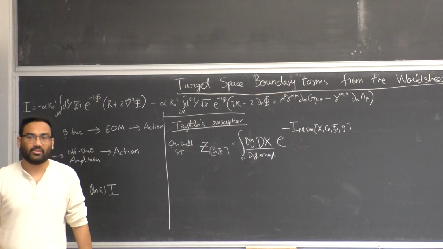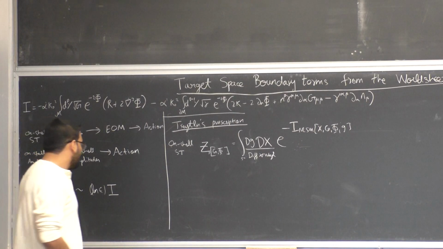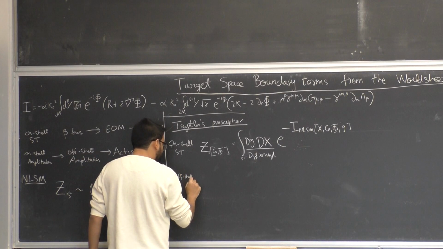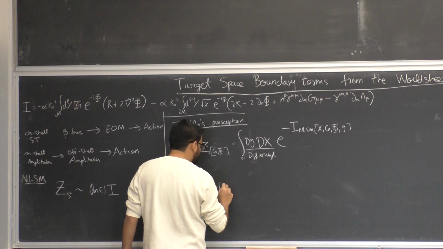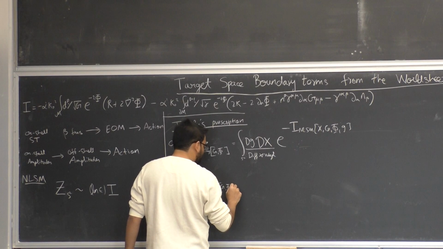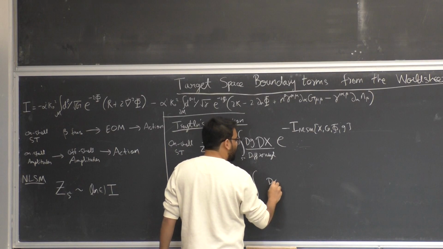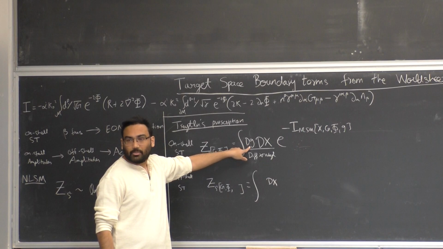So this is a sphere partition function. In off-shell string theory, what you are going to do in Sen's off-shell string theory is the following. You're not going to integrate over the conformal mode of the metric.